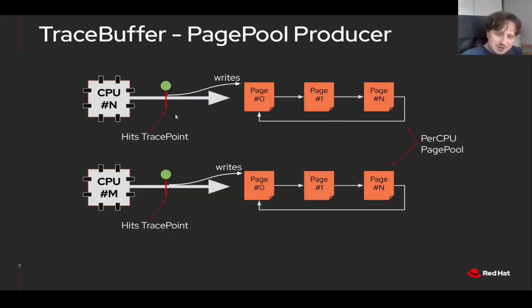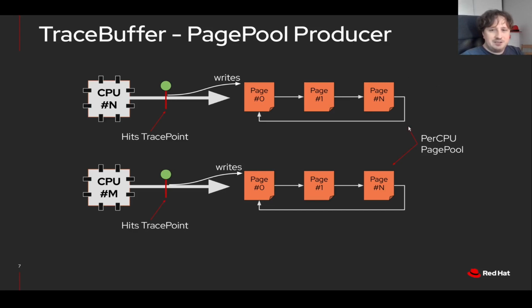It looks like this: each CPU which is running hits a trace point, and then it wants to write the trace event into the tracing buffer. The tracing buffer is actually a list of pages in a linked list like this. It's more a ring; the end refers again to the head.